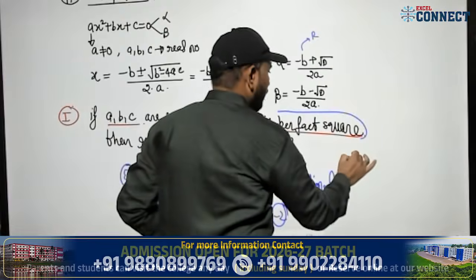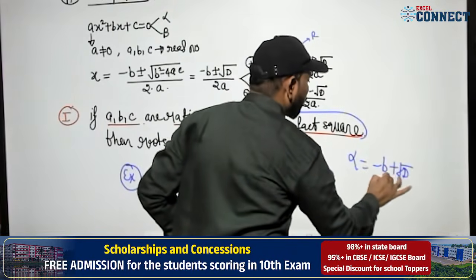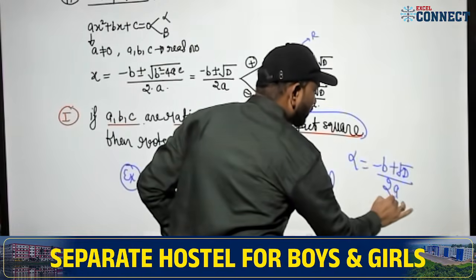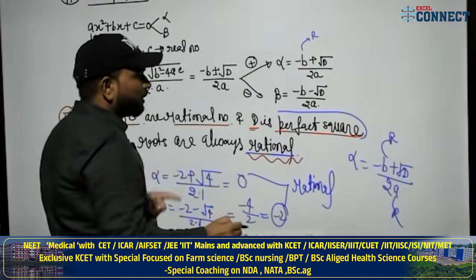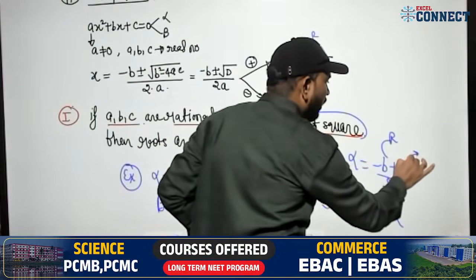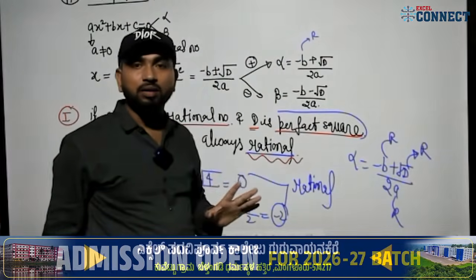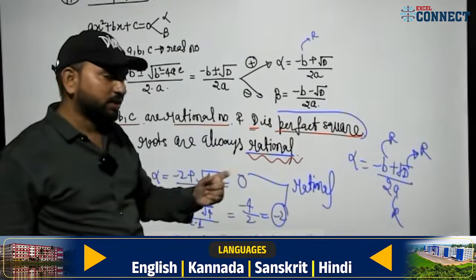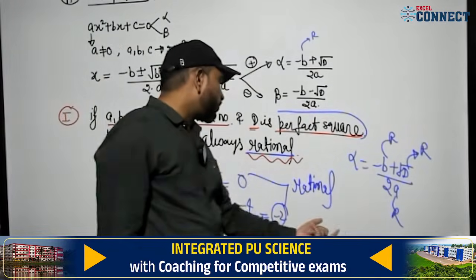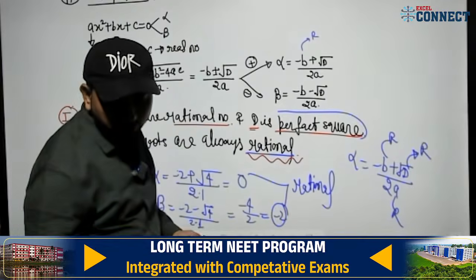In this case, if I write minus b plus root d, let's suppose one root only, by 2a, I know this is rational, and this D is a perfect square, so this is also rational. Rational plus rational upon rational is what? Rational. Yes, correct. Rational root.